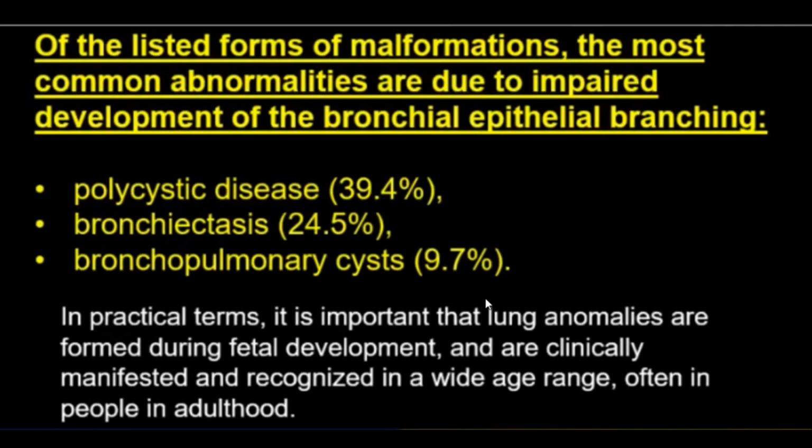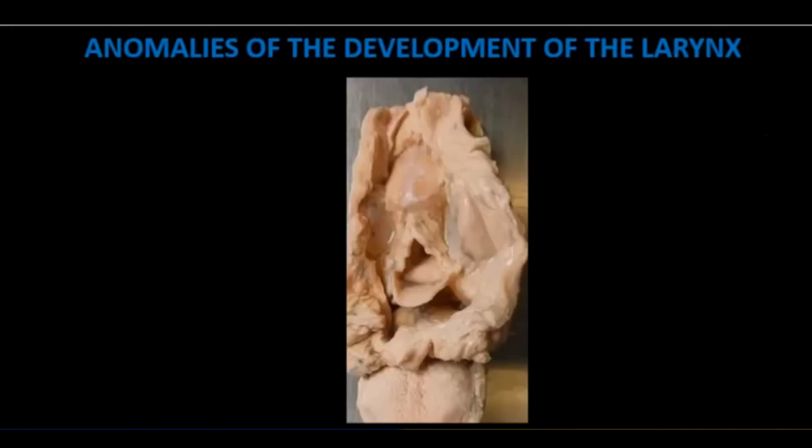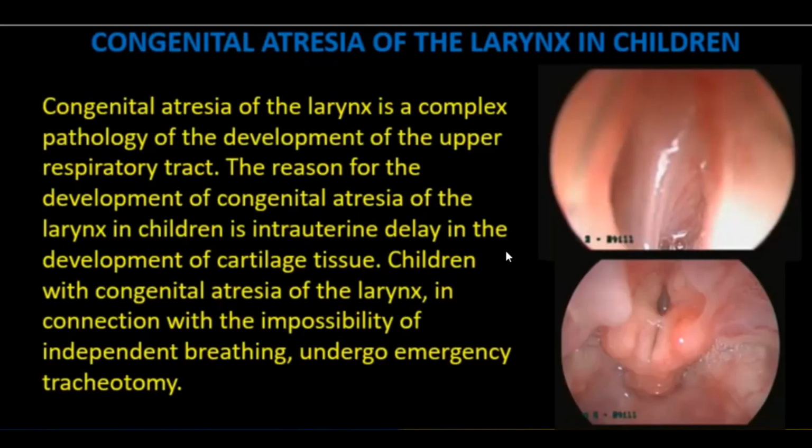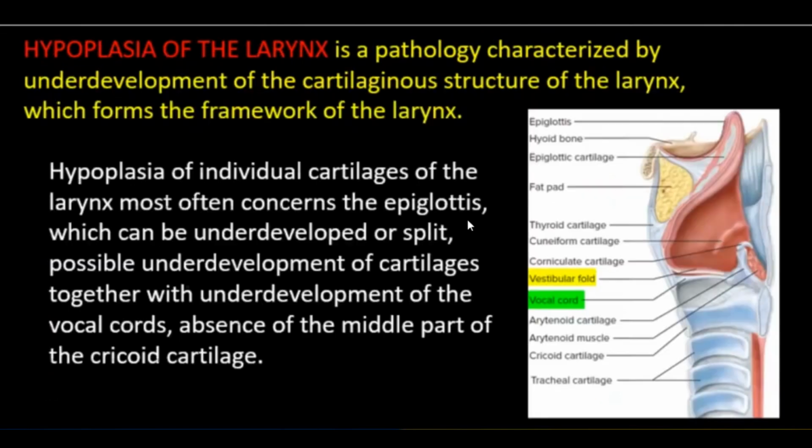Polycystic disease, ectasis, bronchopulmonary cysts, for example, and some variants of anomalies of development of the larynx in children. Stenosis of the larynx is a narrowing of its lumen, which leads to difficulty in passing air during breathing.